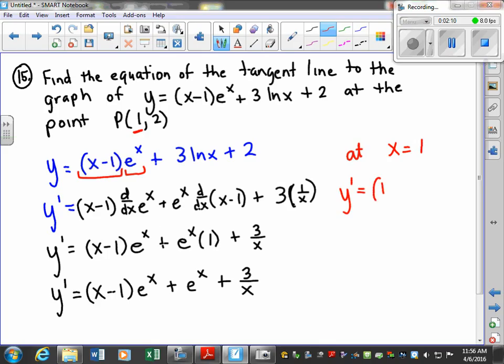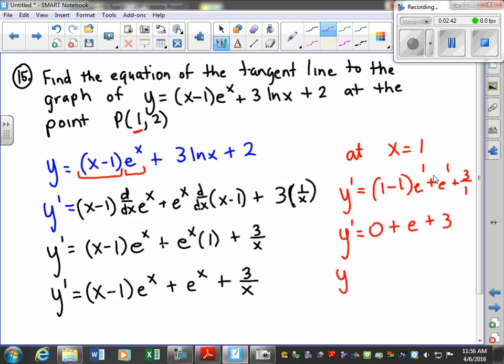So I have 1 minus 1 times e to the 1 plus e to the first power plus 3 divided by 1. All I did was take this first derivative and evaluate it when x is 1, so everywhere there's an x, plug in a 1. And y prime at x equals 1 is going to be, well, 1 minus 1 is just 0, so 0 plus e to the first power plus 3.